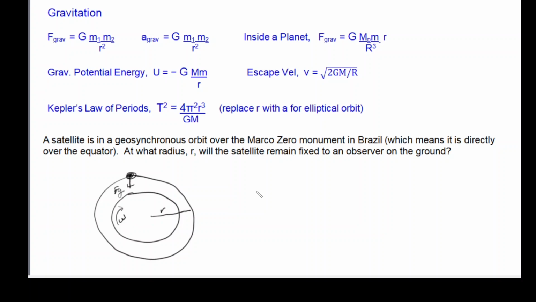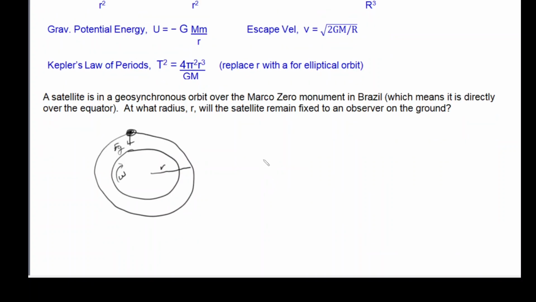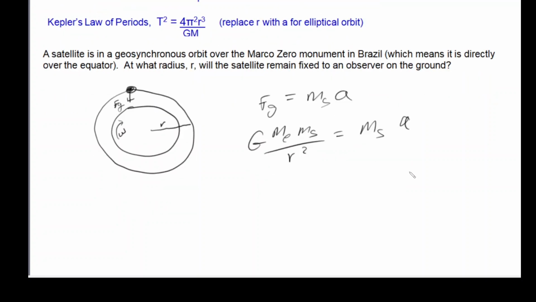So we know that our motion equation says that the force of gravity is equal to the mass of the satellite times acceleration. So in this case, this is G times the mass of the Earth times the mass of the satellite over r squared is equal to mass of the satellite times acceleration.